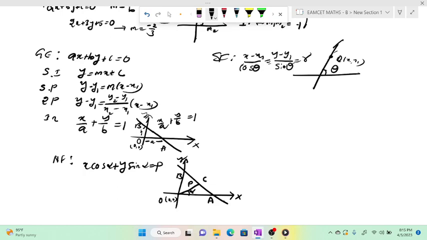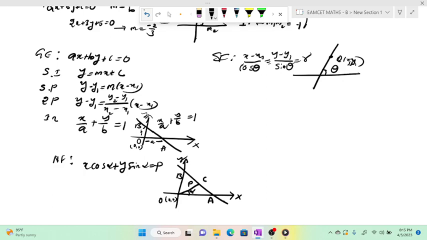The coordinates of Q are x1, y1. This is the symmetric form of the straight line.